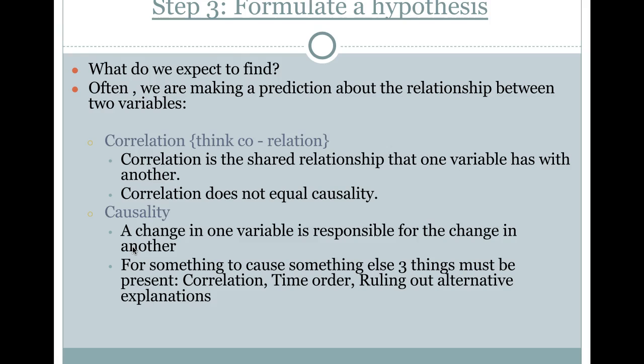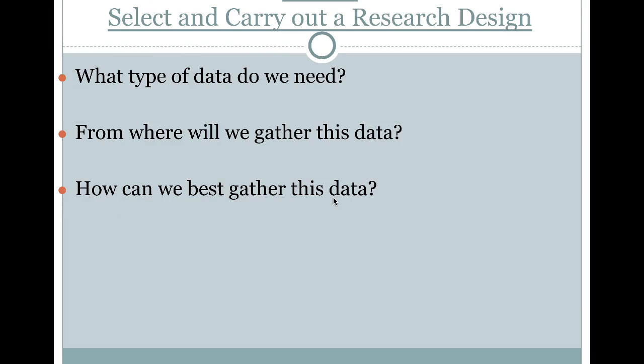Just because something is correlated, meaning that they have a relationship, doesn't necessarily mean that a change in one is going to cause a change in the other. That's something you definitely want to pay attention to: just because there is correlation, it does not mean there's also going to be causality. These are the kinds of things you think about as you formulate a hypothesis.